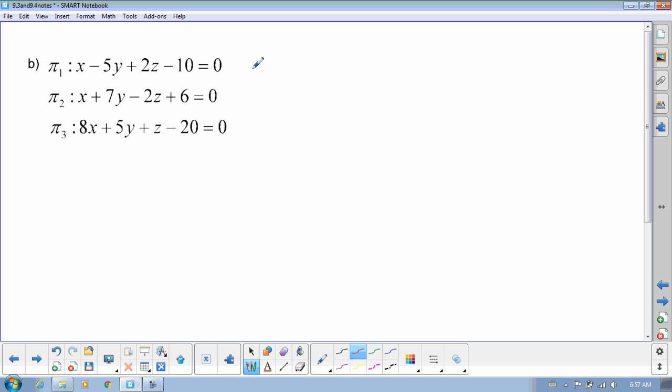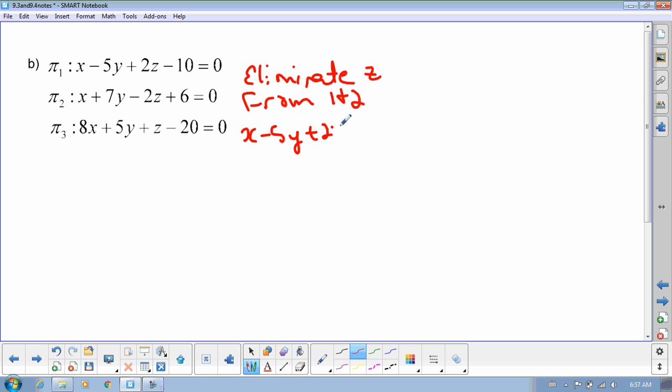So I'm going to eliminate z from 1 and 2. I'm going to write that x minus 5y plus 2z equals, I'm going to move that 10 over, x plus 7y minus 2z equals negative 6.